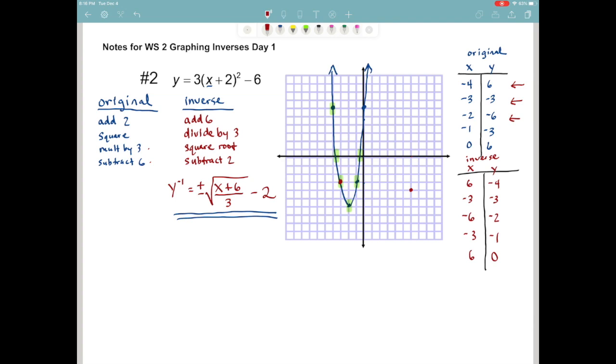Then we've got the point negative 6, negative 2. Then negative 3, negative 1. And then we've got the point 6, 0. So this parabola here is laying on its side.